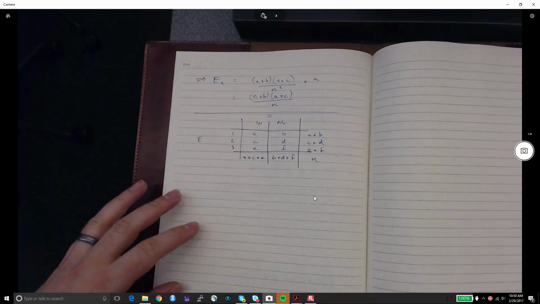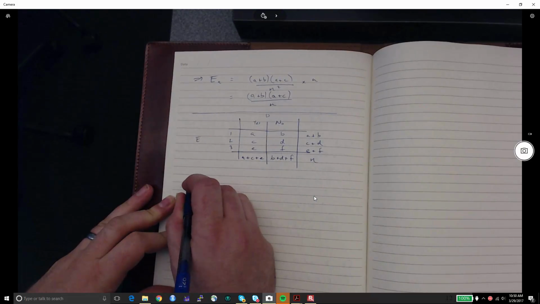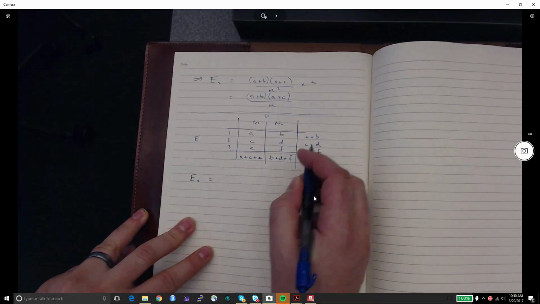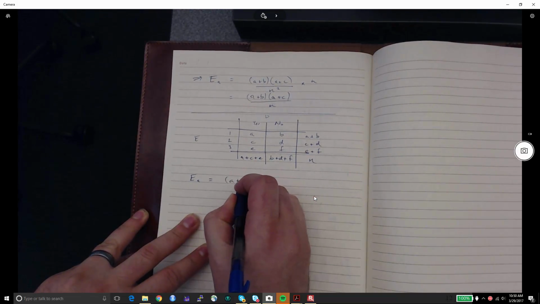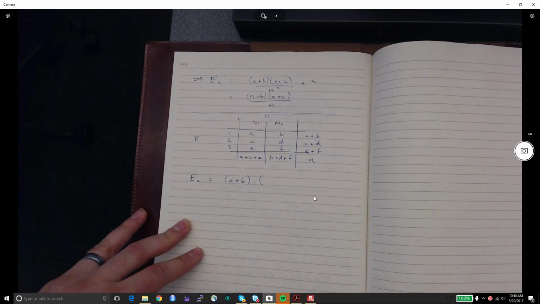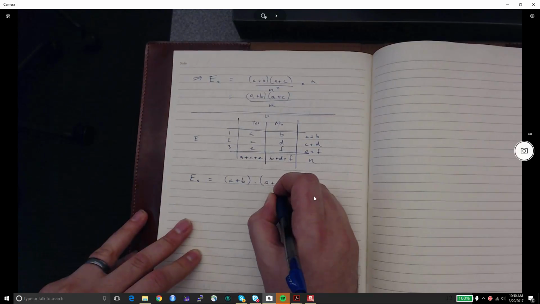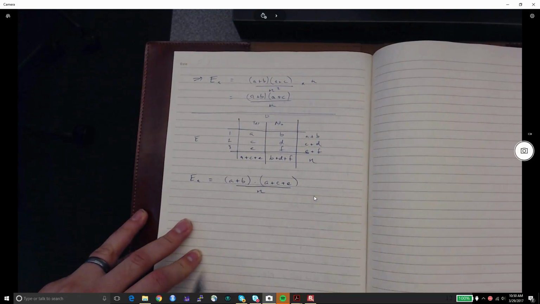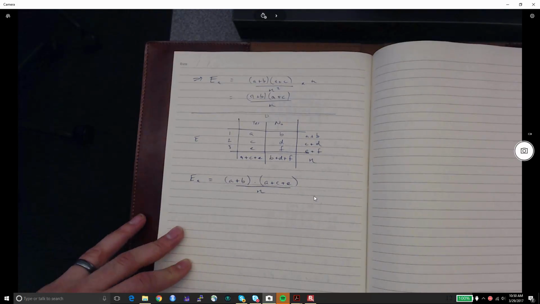So therefore, what is EA? Well, EA is going to be marginal on the rows, A plus B, times, what do we think? Marginal on the columns, which is what? A plus C plus E, divided by N, right?